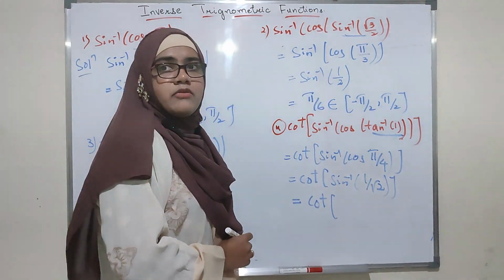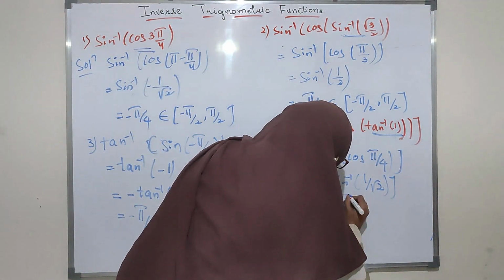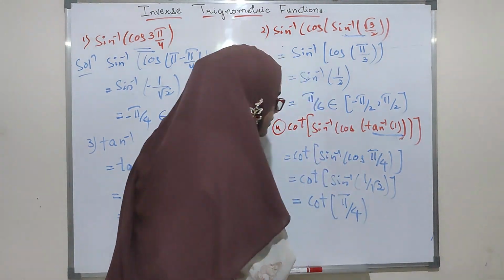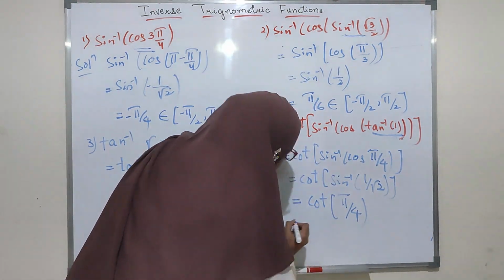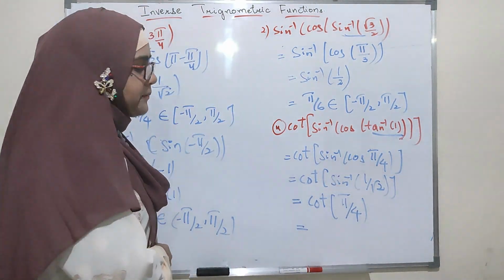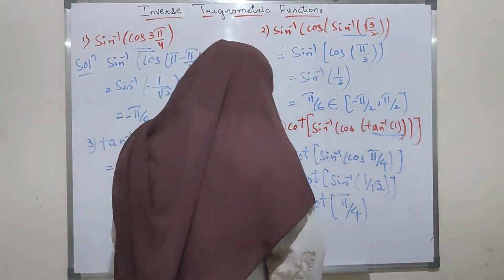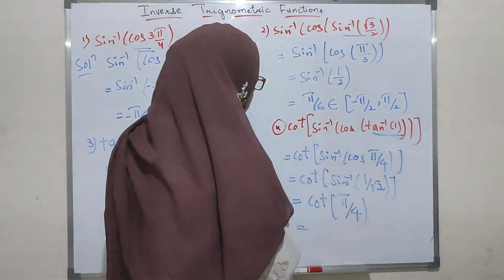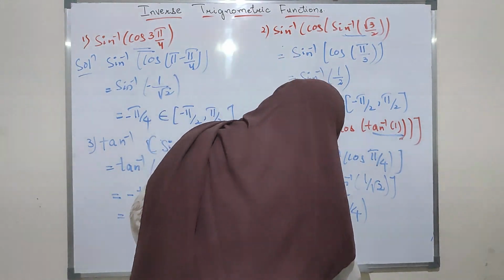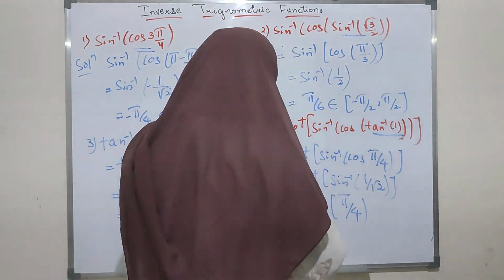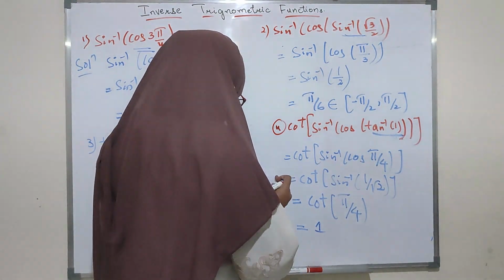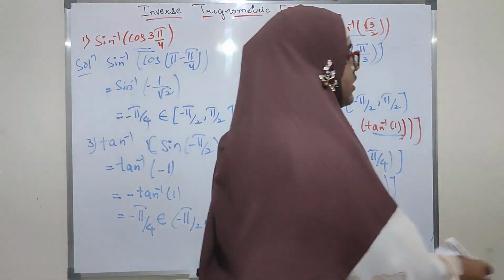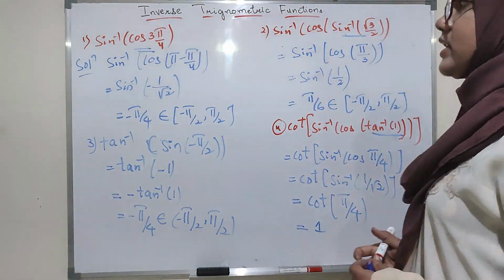Sin inverse of 1 by root 2 is pi by 4. Cot pi by 4 value is 1.